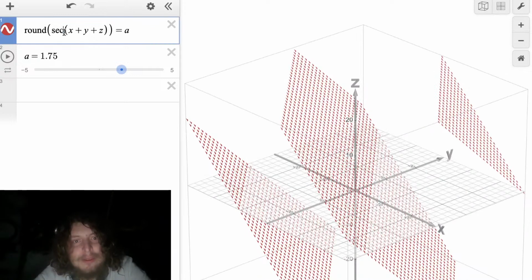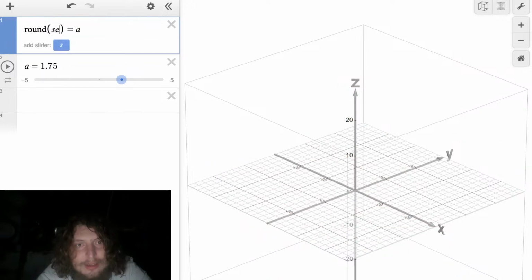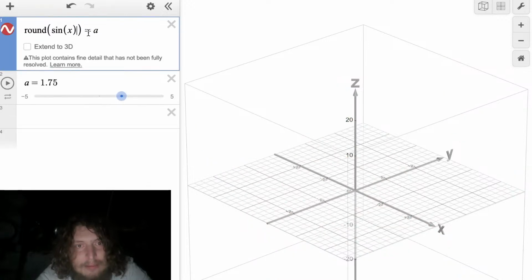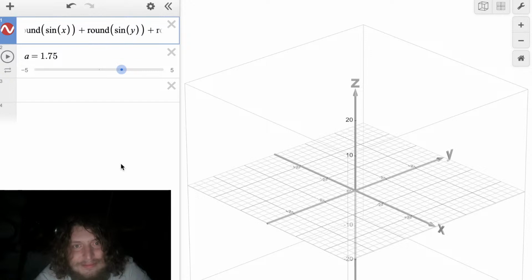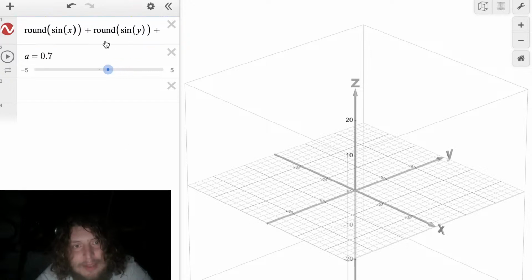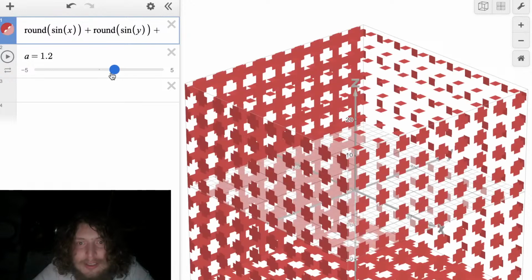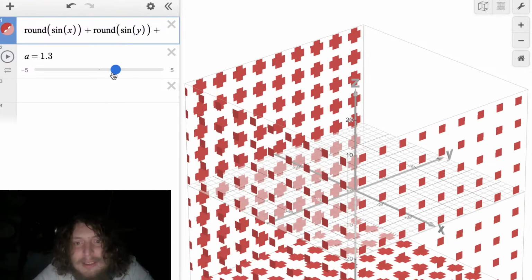But what happens when I separate these into their own roundings? We're going to do that, and we're going to add one for the other two variables. So now we have rounded sine of each of them. And we are seeing when we have to do greater than or equal maybe to see what's going on. Yeah, that's what it was.